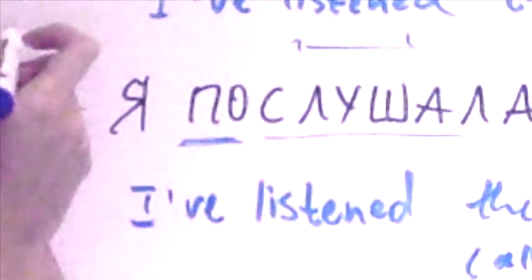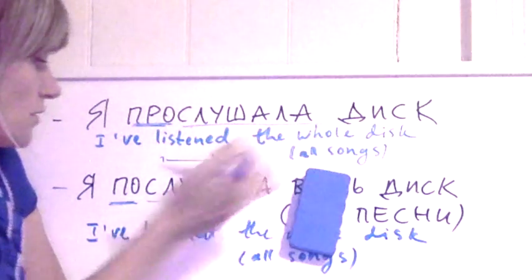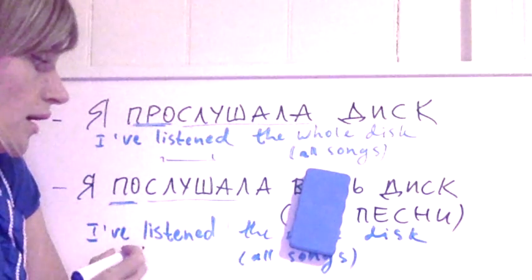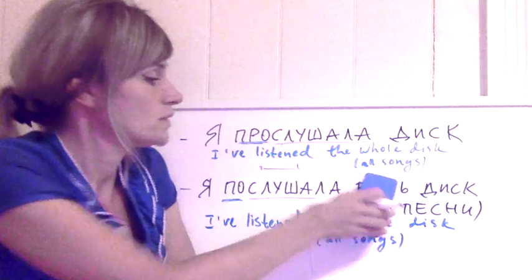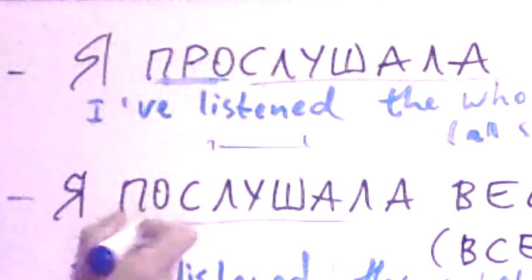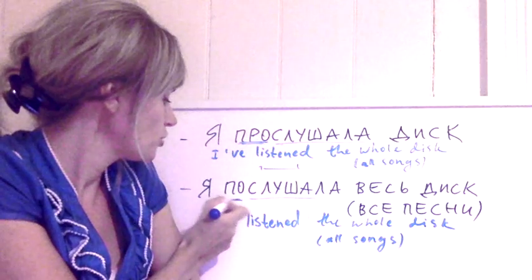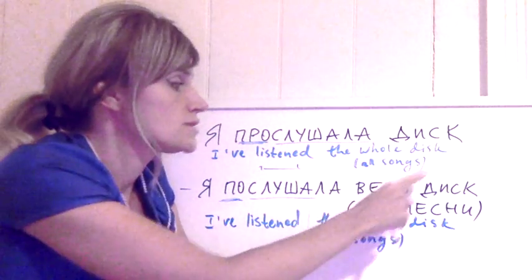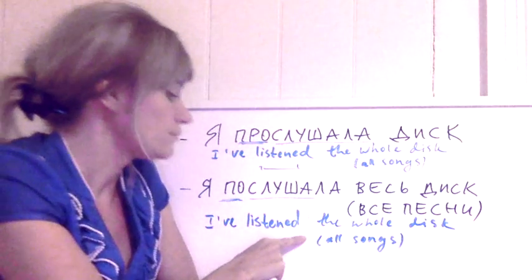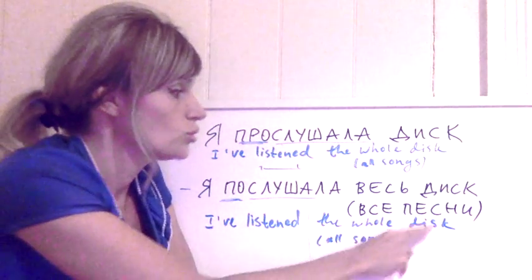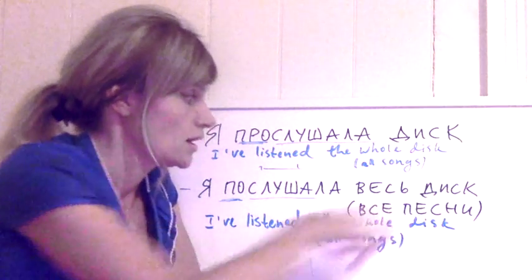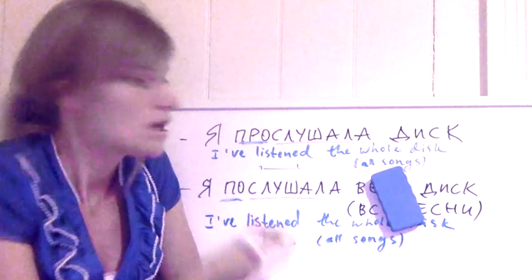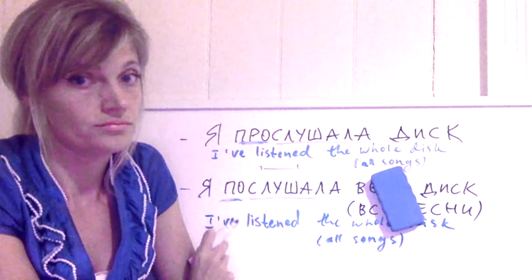But with по, just I've listened, nothing else. No any other information. If you're not really comfortable with these prefixes, use the normal one, по, which means I've listened, but in this case you need to add extra words. For example, I've listened the whole disc, весь диск. Without this, if you listen the whole disc, one song, two songs, it's just I've listened, that's all.